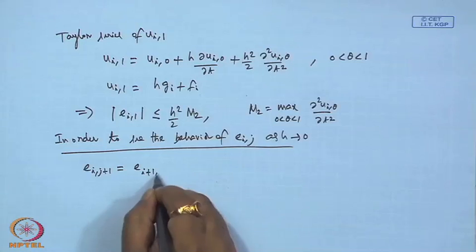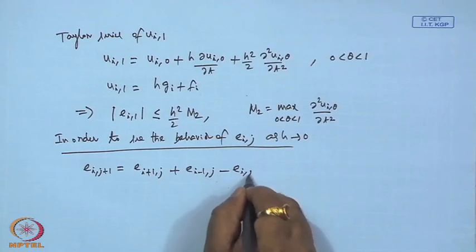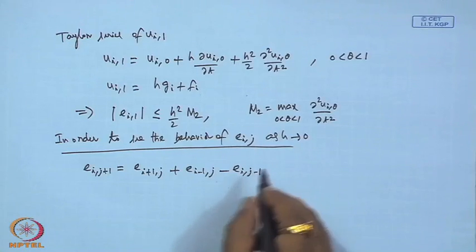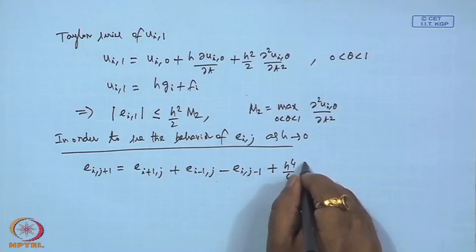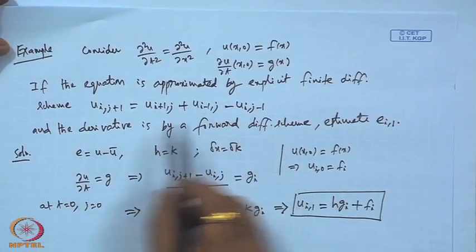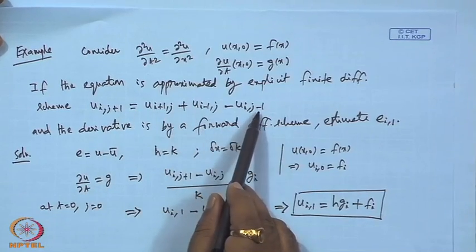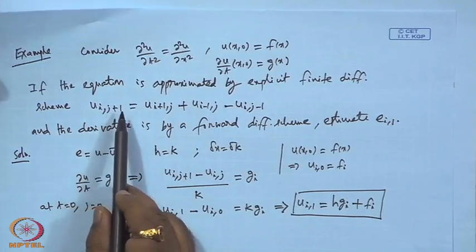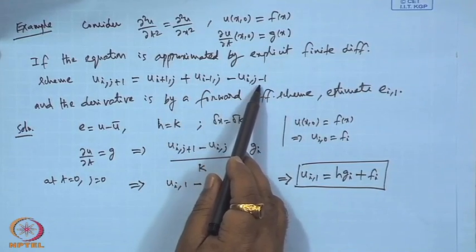If we expand the Taylor series and then try to obtain the equation satisfied by the error, we have E I j plus 1 equals E I plus 1 j plus E I minus 1 j minus E I j minus 1, plus h to the power 4 by 6 M 4 into a constant, because of the method of approximation.